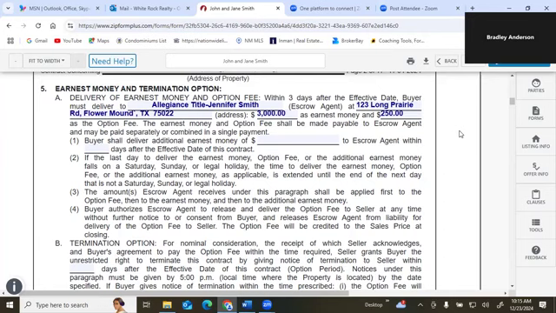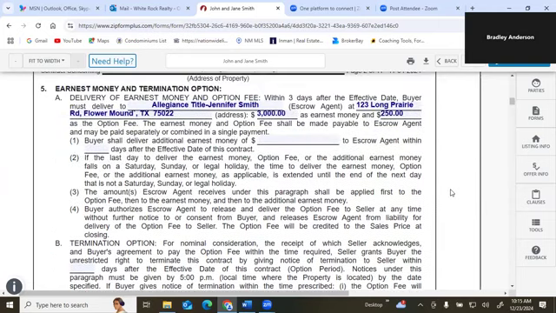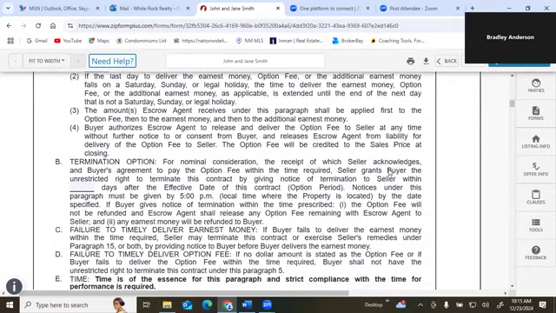Now, the other thing that we always kind of get tripped up on is when is this due? When is this due? So it is due, it says 3 days after the effective date. Okay, then if you come down here, termination option, let's just say we want a 7-day option period. I'm going to tell you that anything more than 7 days, you're pushing it.